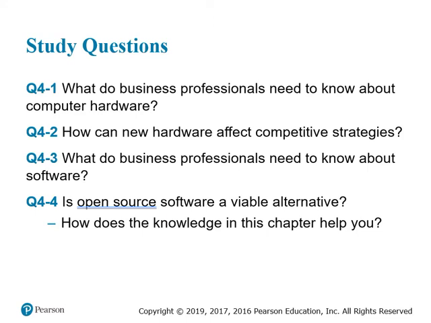But you need to be familiar with concepts like virtualization, the role of a computer server or virtual machines, and these are things that can affect competitive strategy. New hardware can affect competitive strategies. There might be new possibilities. Of course, you come up with your competitive strategy first and then build IT around that. But how can hardware affect that?